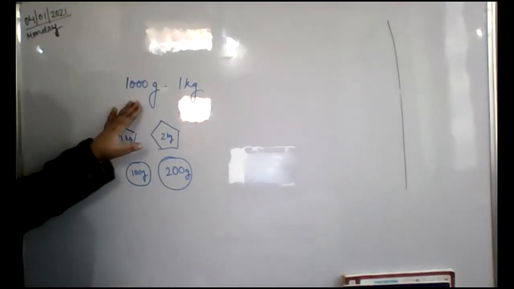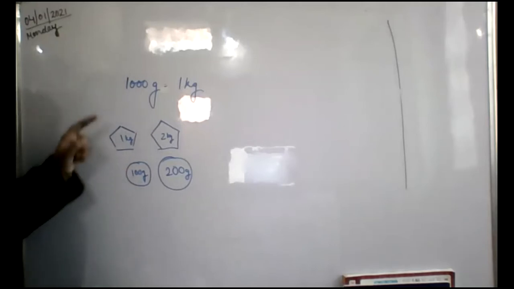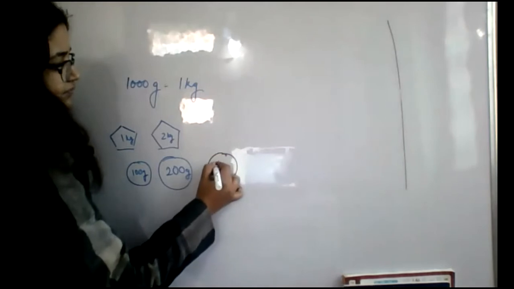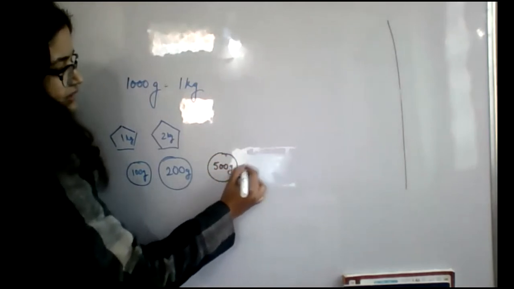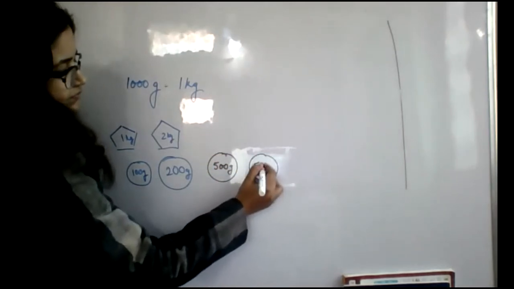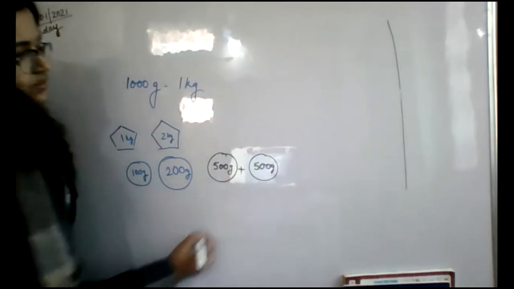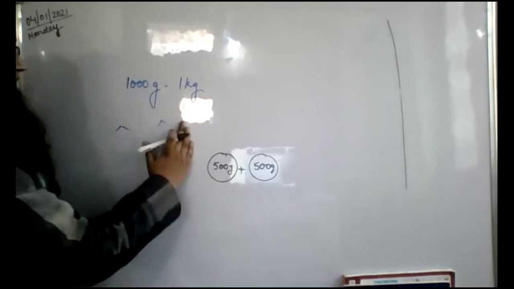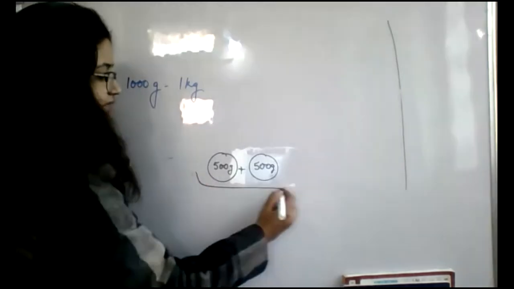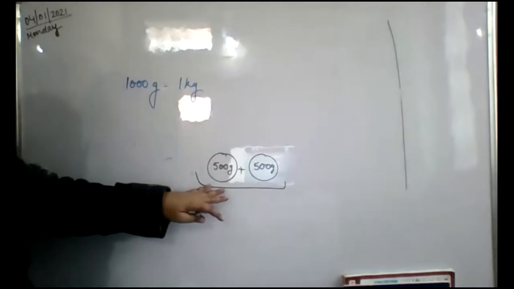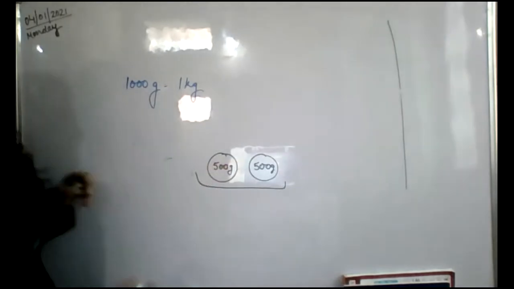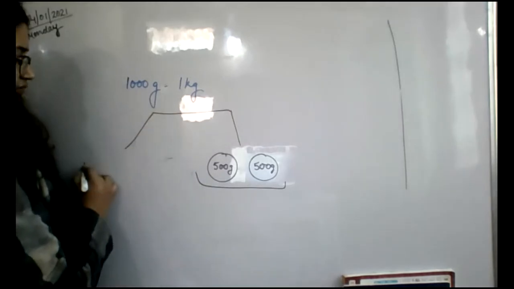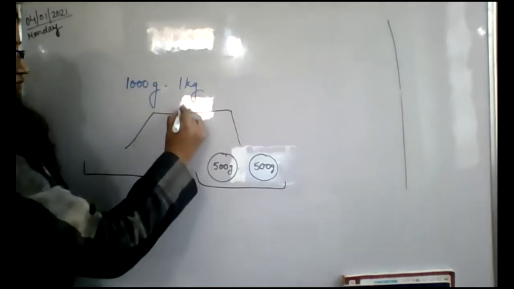And in total, we collect 1000 grams together. Suppose I have one weight of 500 gram and another weight of 500 gram. If I add them, suppose I have a weighing scale, and I put a 500 gram weight and another 500 gram weight on a balance. 1 kg.